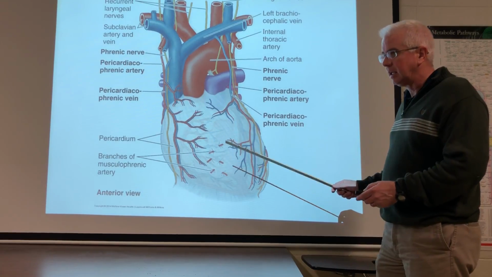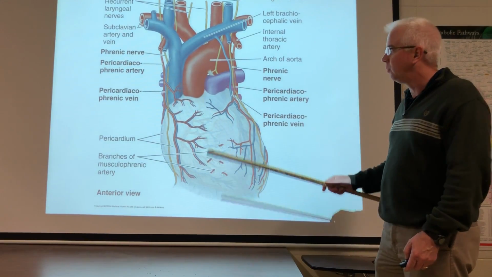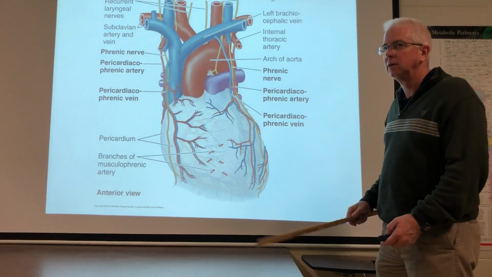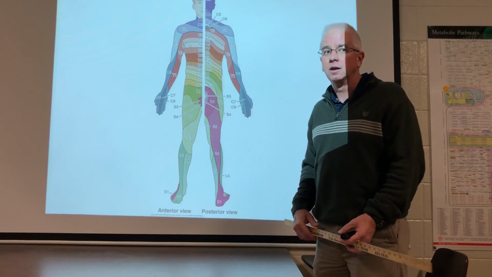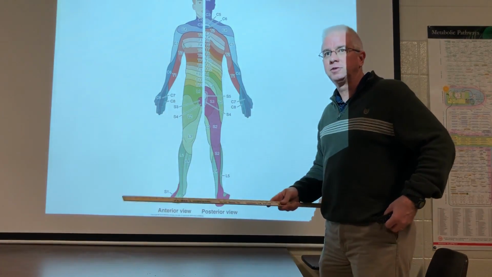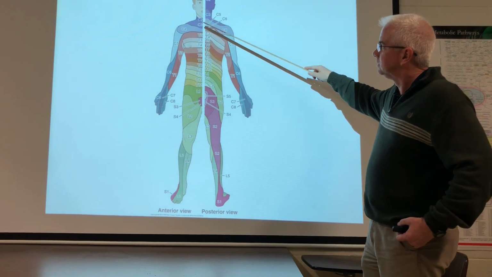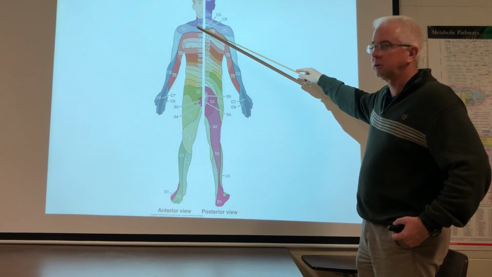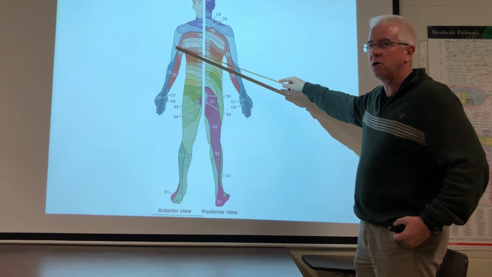So if we go back to our original dermatome picture, and we know that the phrenic nerve is coming from C3 to C5, and we know that the dermatomes, this is sensory information that we're experiencing, right? It comes from C3 to C5, then I notice on the anterior view here, C3 here being supraclavicular, C4 being very near, and C5 in the arm.